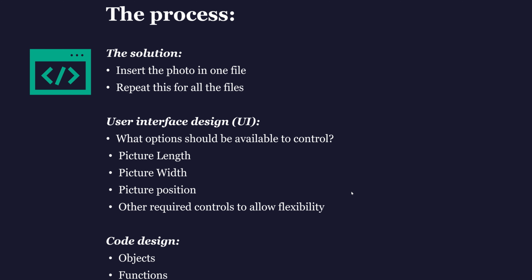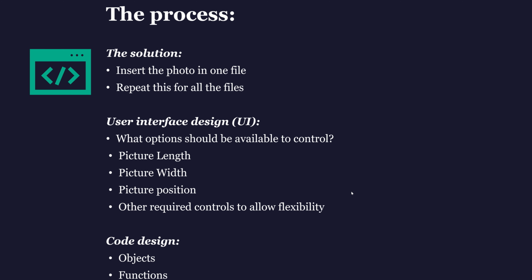Other required controls to allow flexibility, for example, if you want to add other controls as well. Then you have to think about the code design and what objects you are going to use, what functions you are going to use, and so on.